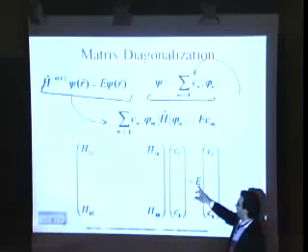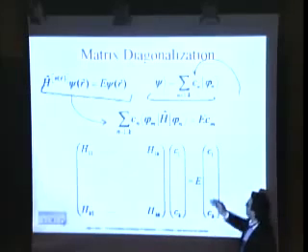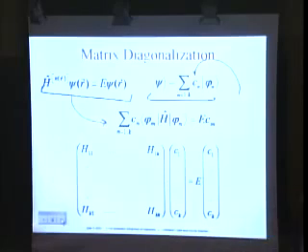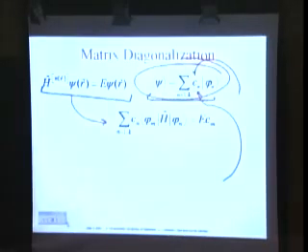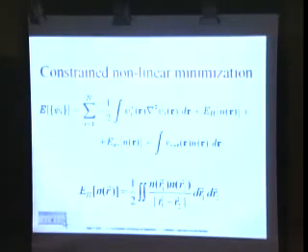We need to find the eigenvalues for which there is a possible solution, and the possible solutions will be eigenstates. An eigenstate is nothing else than an appropriate set of coefficients that satisfy this equation. And those coefficients put back in here will give us the full eigenstates of our problem. Okay, so this was the self-consistent diagonalization.